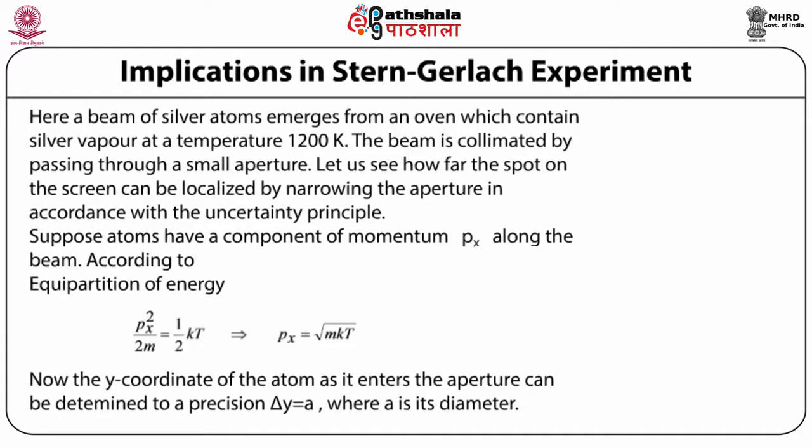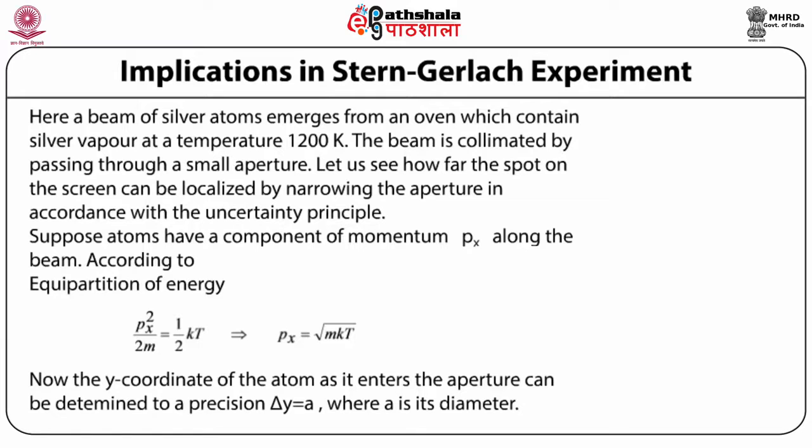By setting up this experiment, we are again trying to look at the uncertainty principle through the Stern-Gerlach experiment and see how the finite width of the aperture of the oven is causing an uncertainty in the exact determination of the position of the spot on the screen, and also in the process is causing an uncertainty in the determination of the momentum.